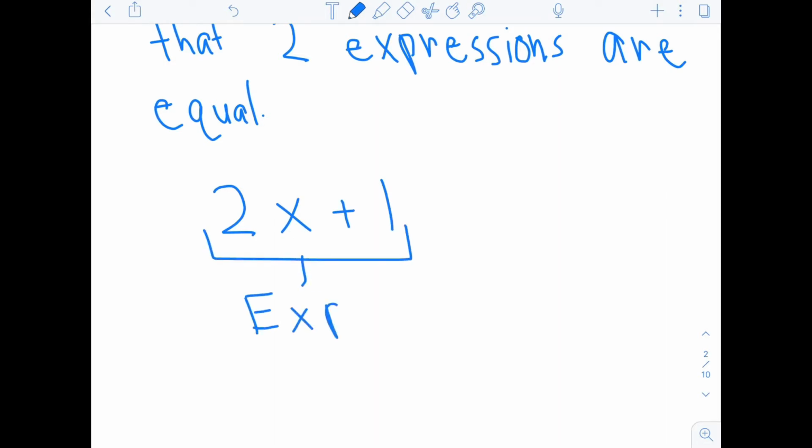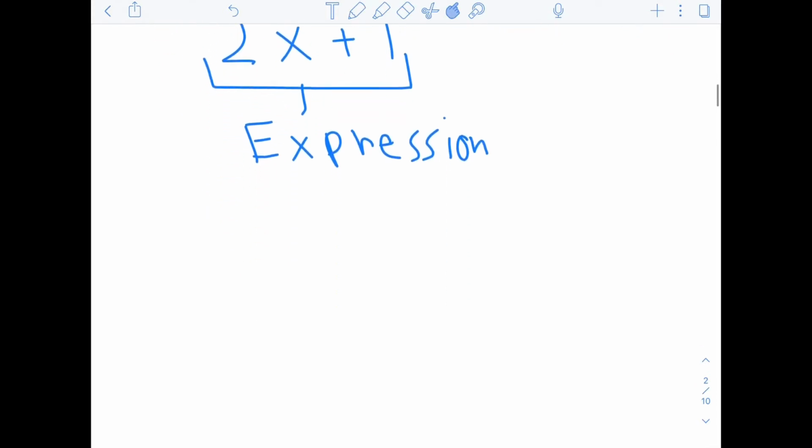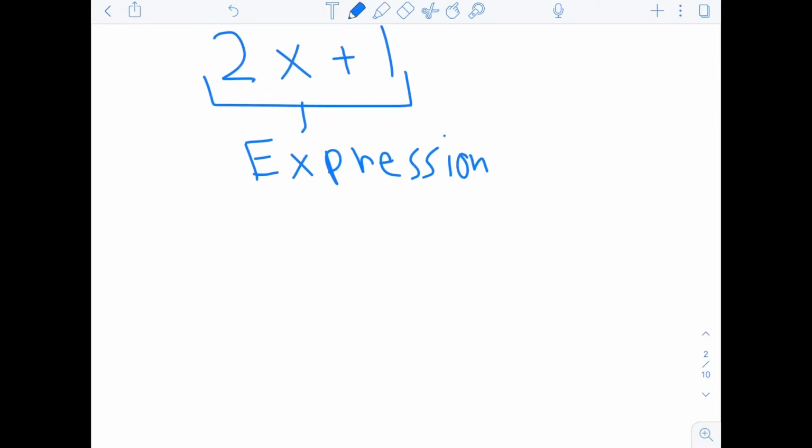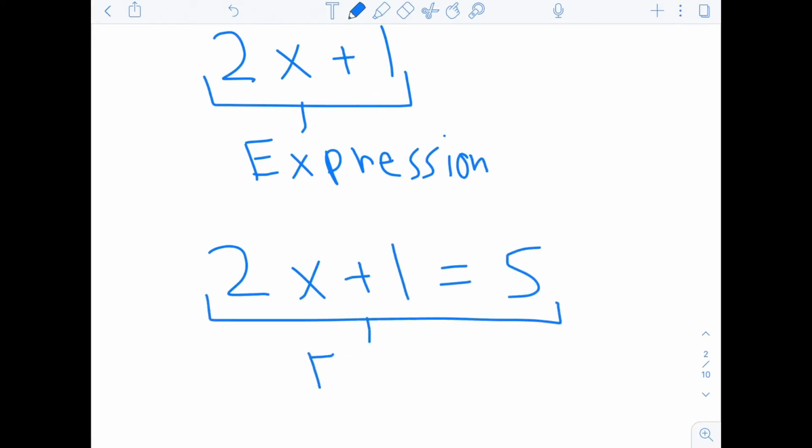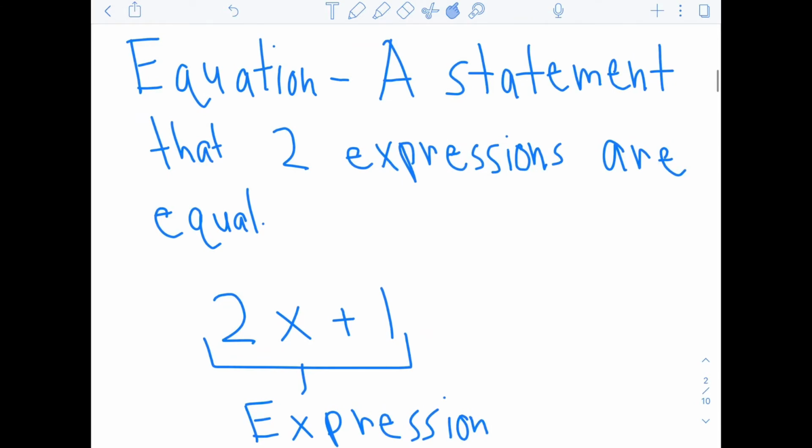That's an expression. It just has a couple of terms in it. But an equation would be something like 2x plus 1 equals 5. So an equation has an equal sign in it, because, as I said, it's a statement that two expressions are equal.